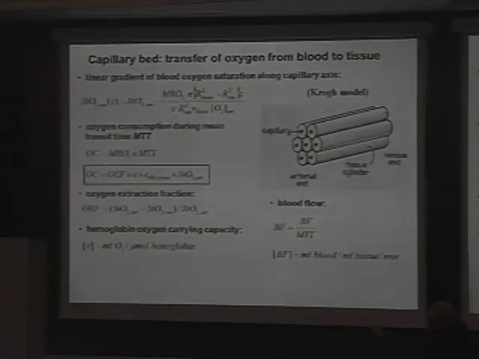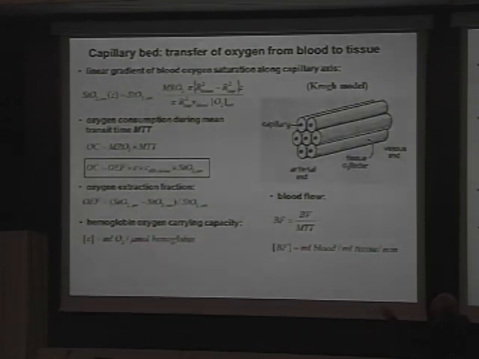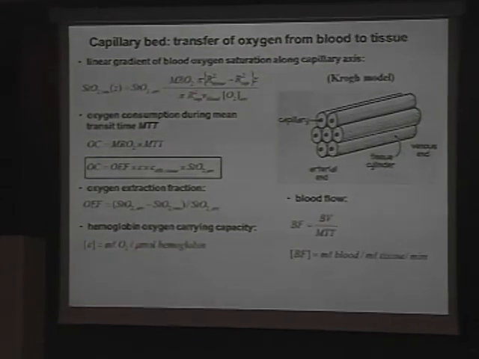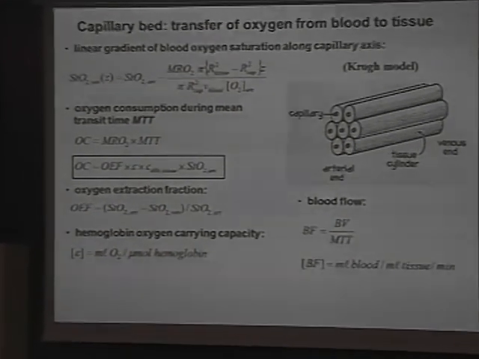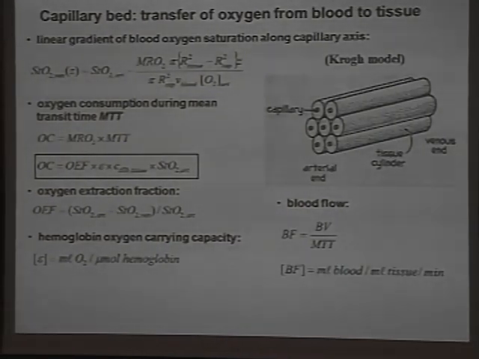It's given by the metabolic rate of oxygen inside these tissue cylinders, and the metabolic rate of tissue consumption is given in milliliters of oxygen per milliliters of tissue per minute. And you multiply this just with the volume of the tissue cylinder, and you relate this to the rate of oxygen delivery.